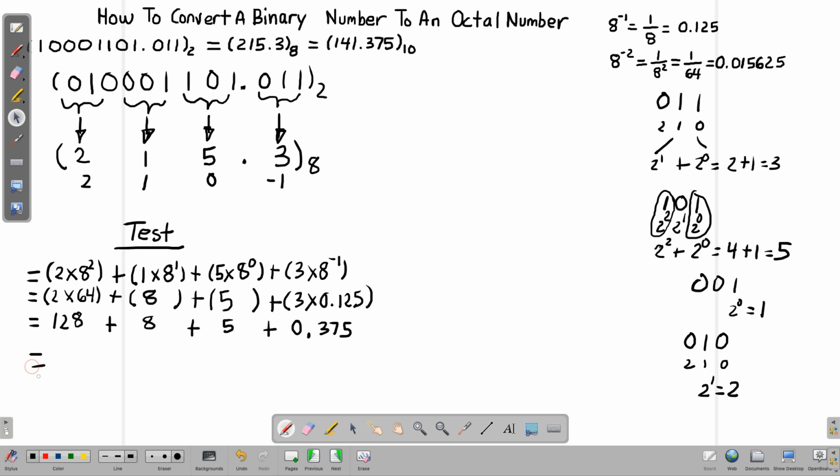So all this adds up to 128 plus 8 plus 5 plus 0.375. It comes out to be the value 141.375, and this is in decimal. This is what we wanted to show.